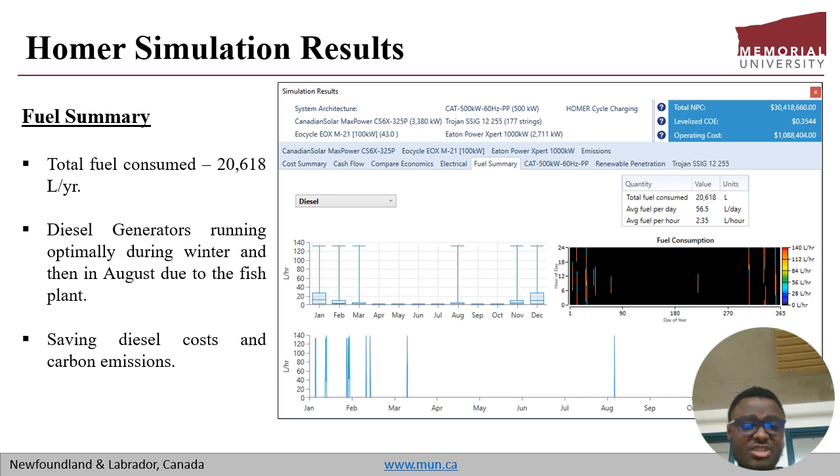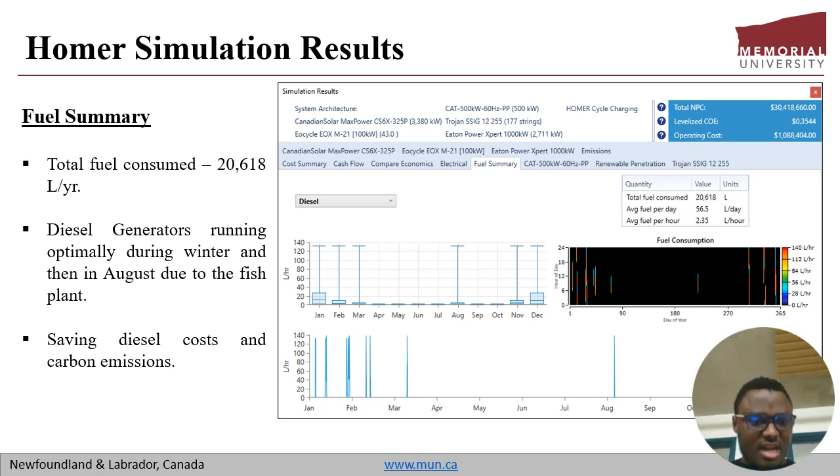And you can see that the diesel generators run optimally during the winter and then in August due to the fish plant. Yes, they have a fish plant and it runs only during the summer period. So during that period they demand more electricity, and that's the only time you see the generator coming up during the summer.